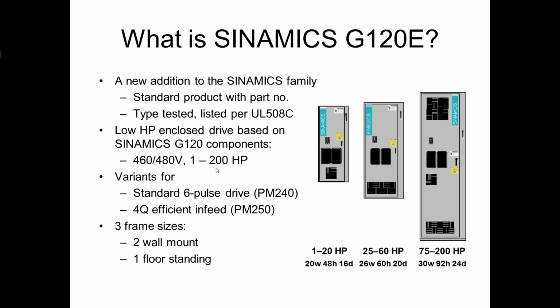From 20 horsepower on up, very nice sizing of applications. Variants for the standard 6-pulse drive, which is the 2-quadrant drive, or the 4-quadrant in-feed with the PM250. And there's 3 frame sizes. You can see those: 1 to 20, 25 to 60, and 75 to 200. The latter is a floor mount. The previous 2 are wall mount.